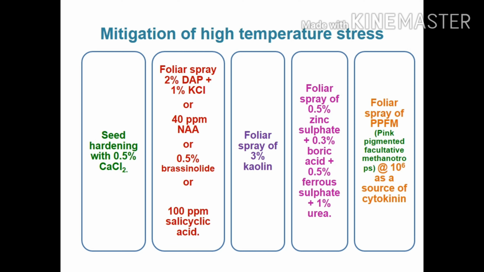In addition, we can go for foliar spray of 0.5% zinc sulfate plus 0.3% boric acid plus 0.5% ferrous sulfate plus 1% urea. And you can also advocate foliar spray of PPFM, pink pigmented facultative methylotrophs, at 10 to the power of 6 as a source of cytokinin.